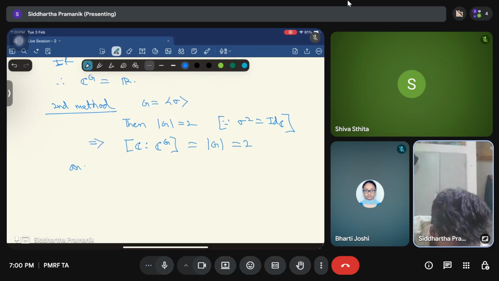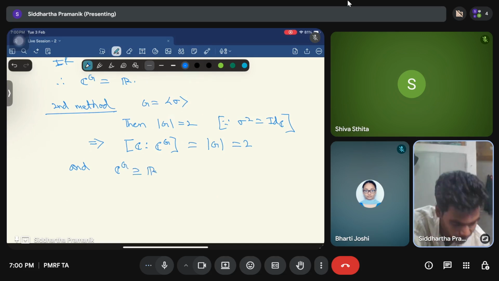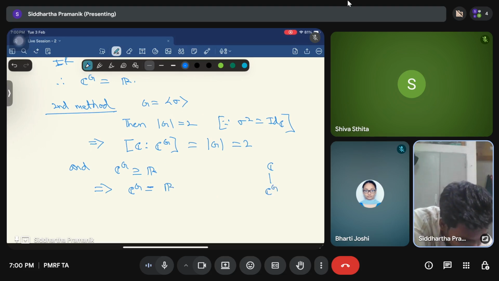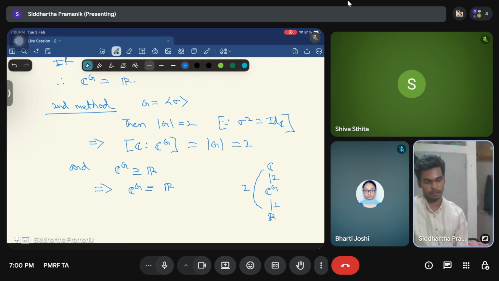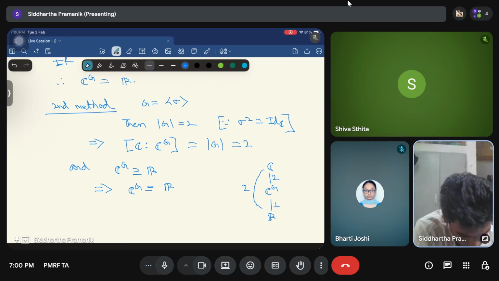And C^G contains R. That is also easy to check. So from that we can conclude that C^G is equal to R, because C is here, C^G is here, and R is here. So this is 2 and this is also 2. So this has to be 1.